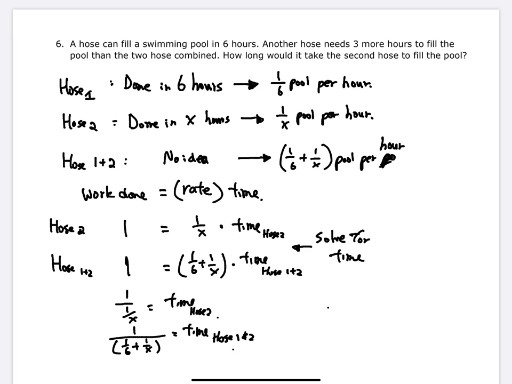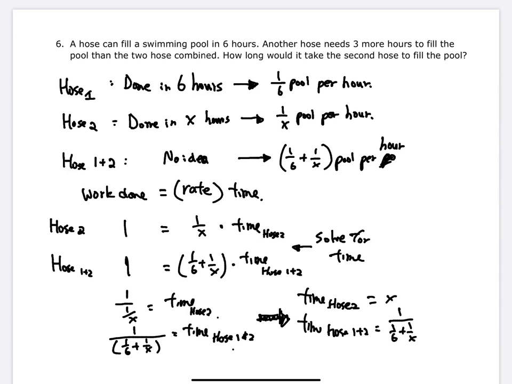Okay, clean this up a little bit. Essentially what we have is this: time of hose 2 equal X, and time for hose 1 and 2 equal to this ugly looking thing.